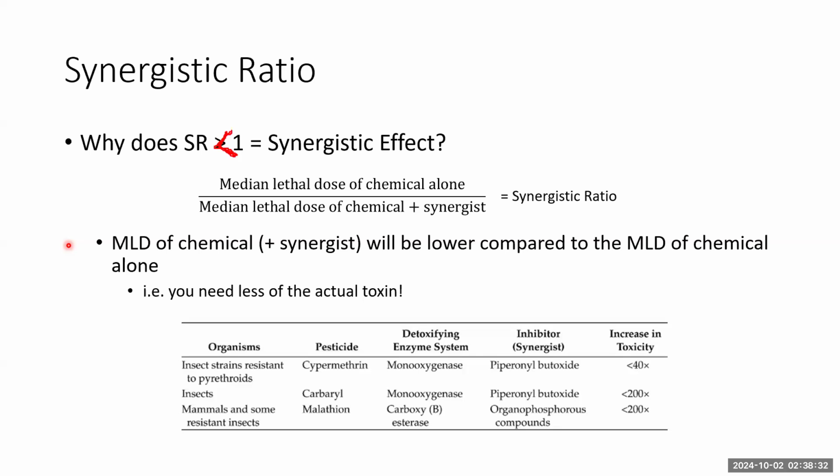If the synergist is really going to be synergistic, i.e. amplify the toxic effect of that compound, then our denominator should be lower, i.e. we should need less of our original toxic compound, right? If the synergist amplifies the toxicity of our compound, then we need less of that actual toxic compound to get the same effect as the compound all by itself. Does that make sense? All right, and so then I think my original text is correct. Should be greater.